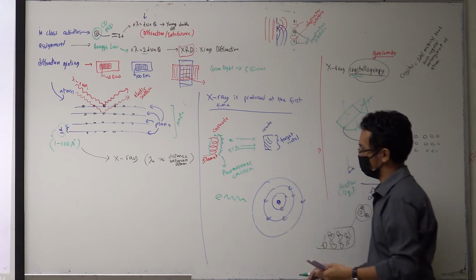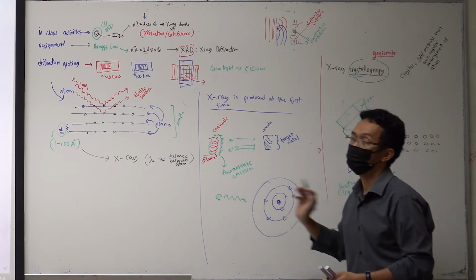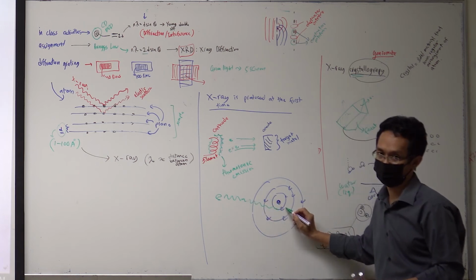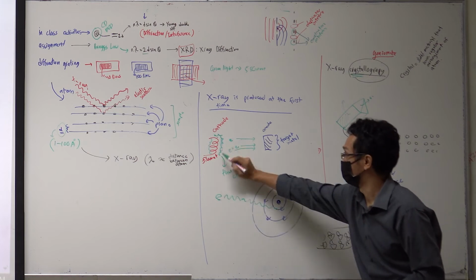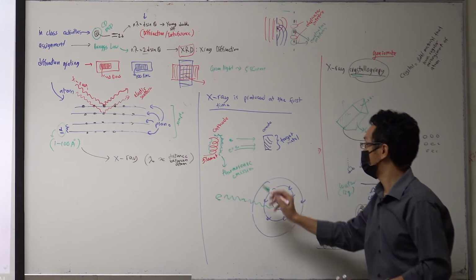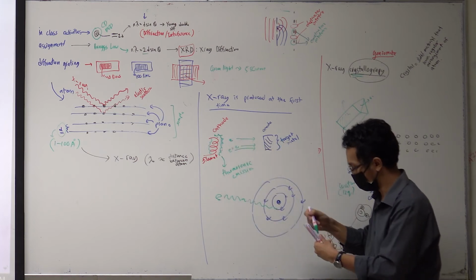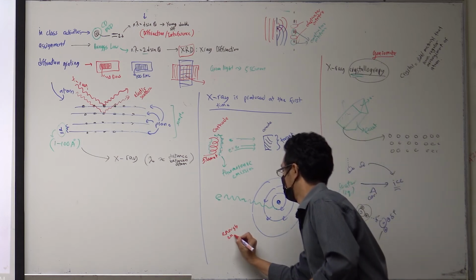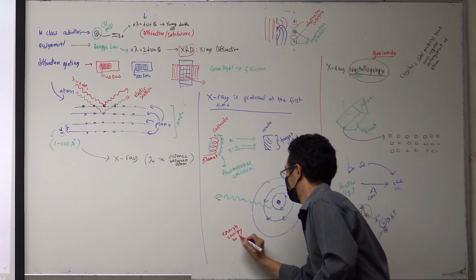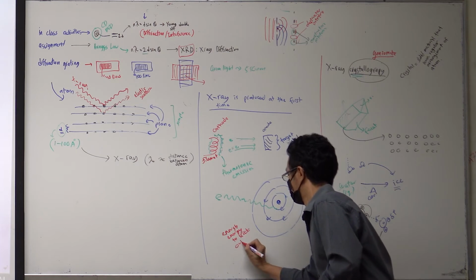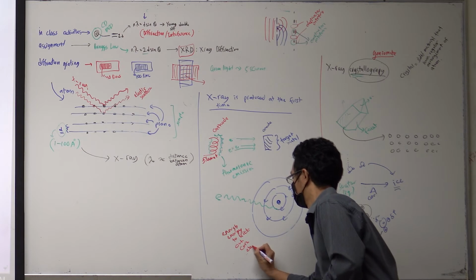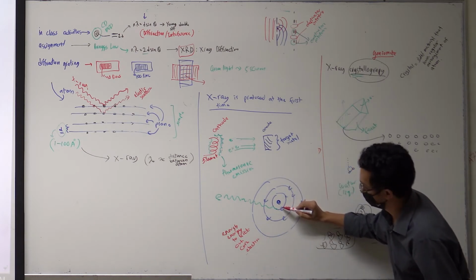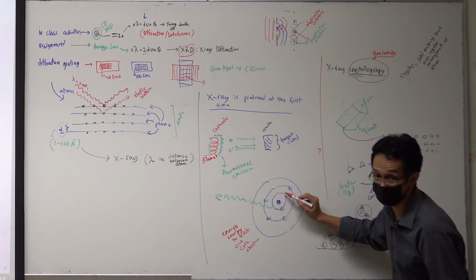This electron carries enough energy to kick out a core electron. Core electron meaning the electron at the lowest level, the first level.